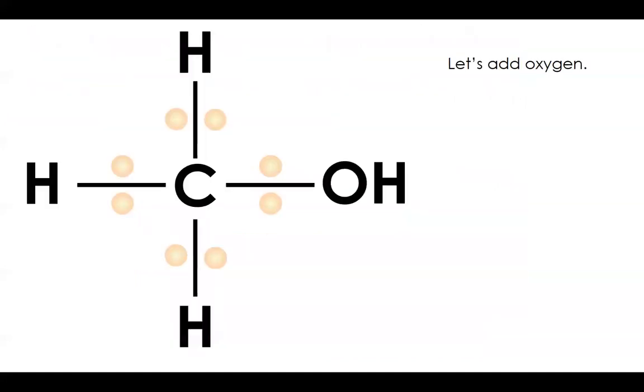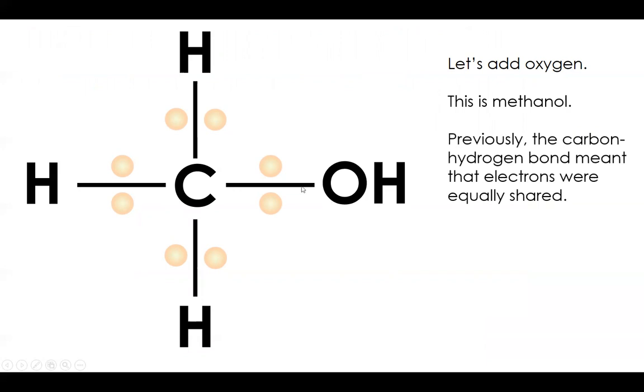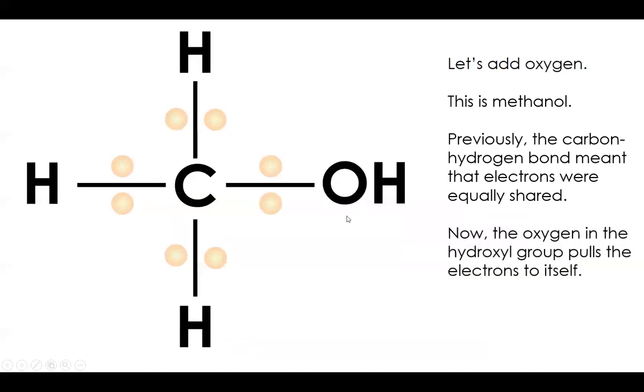So let's add oxygen into this equation. We've got now some methanol, and this is going to be a hydroxyl group. Previously, when these were all bonds with hydrogen, we were sharing these electrons equally. Now that oxygen's in the picture, the oxygen wants these electrons for itself, and it will pull them away from carbon.